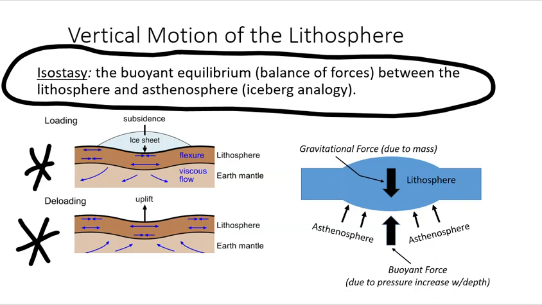And here I'll make an analogy, instead of with an iceberg, with a cargo ship floating in water. Imagine that we've loaded down the cargo ship with a lot of heavy freight containers. The cargo ship, when we add the containers, is going to sink lower into the water. That's isostatic loading, also known as isostatic subsidence.